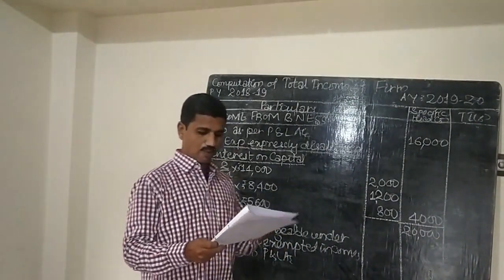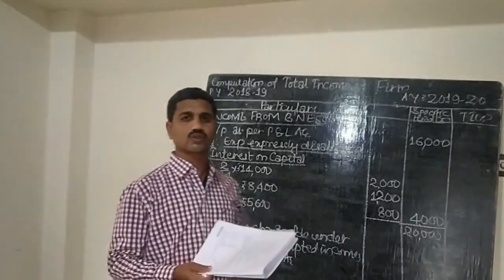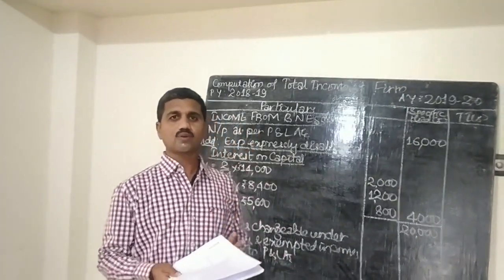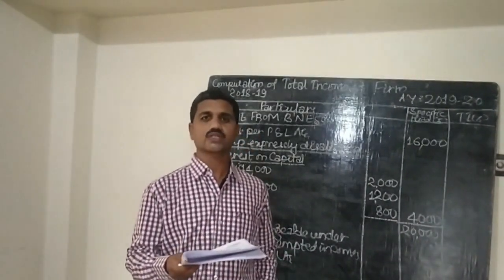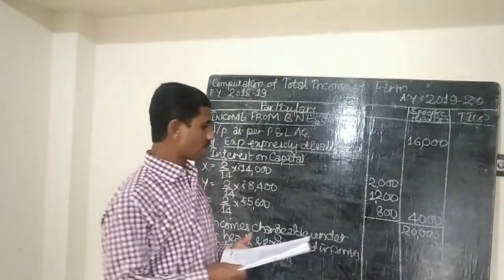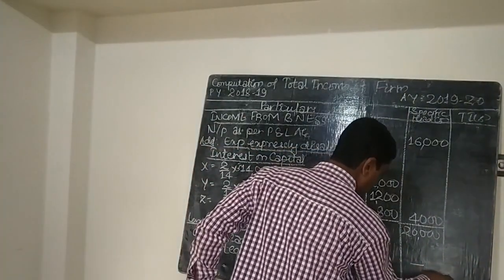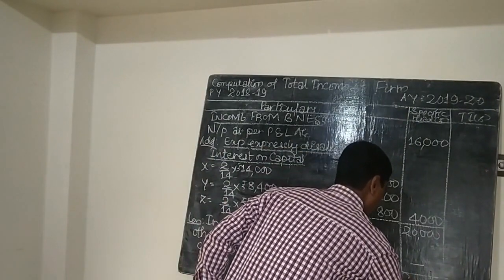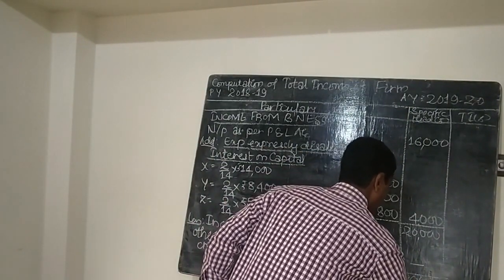In this problem there are no incomes credited to P&L account except the gross profit, which is chargeable under the head of income from business. So here we are going to get 20,000.